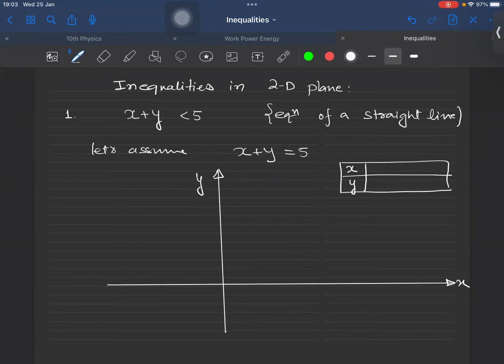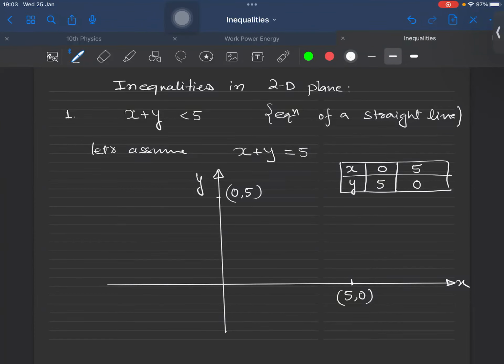Let's say that if x is equal to 0, see, we need only 2 points to plot a straight line. So if x is equal to 0, y is equal to 5, and if y is equal to 0, x is equal to 5. It's really simple, right? So this point on the x-axis is (5, 0), and this one here is (0, 5).